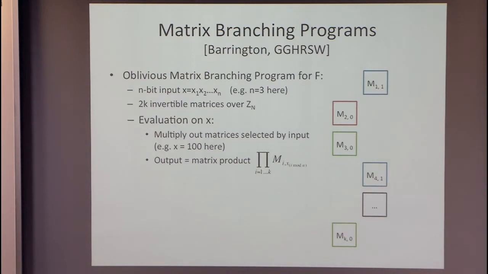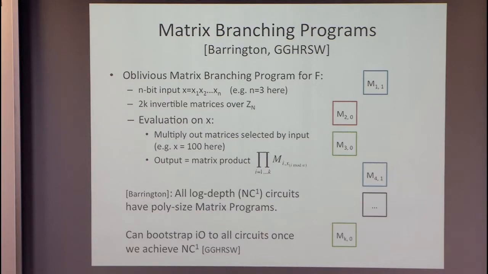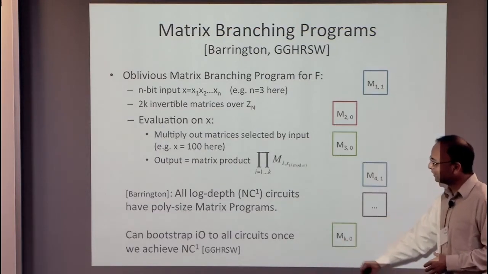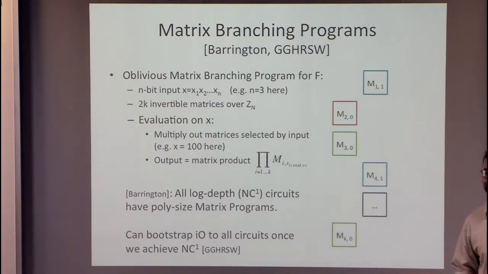The reason why we care about these programs is because Barrington showed in a celebrated result that all log depth circuits, all NC1 circuits, have polynomial size matrix programs. And something that I won't tell you about is that it turns out that all you need to do is go to NC1.